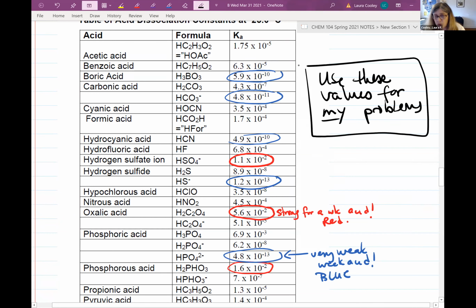Because if you use a different value, then I have to calculate it with a different value, and it's a lot of extra trouble for me. So please don't just go looking up Kas on the internet. Use these values in this chart. It's in the activities handout. We just look the number up. It's easy, and that's what I want you to do.